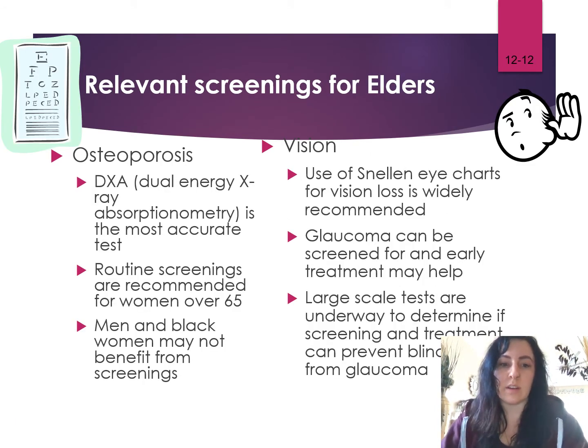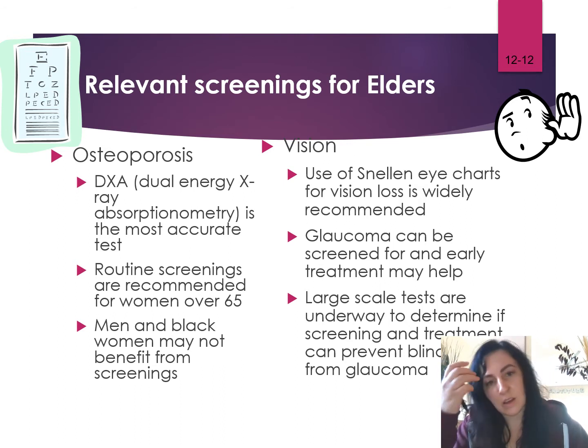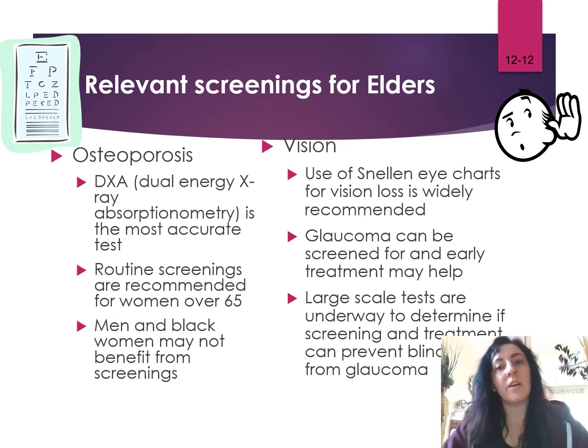So osteoporosis. Dual energy X-ray absorptiometry is the most accurate test for osteoporosis. Routine screenings are recommended for women who are over the age of 65, and men and Black women may not benefit from these screenings. Okay, vision.